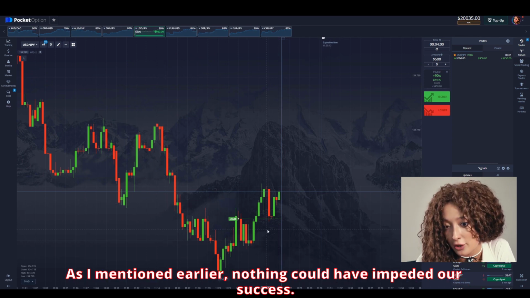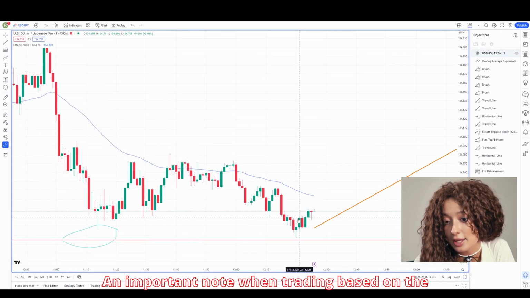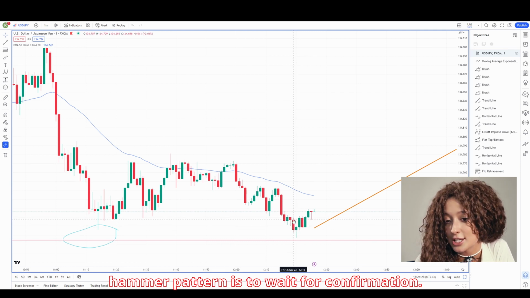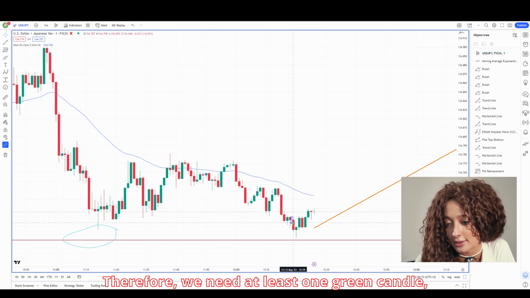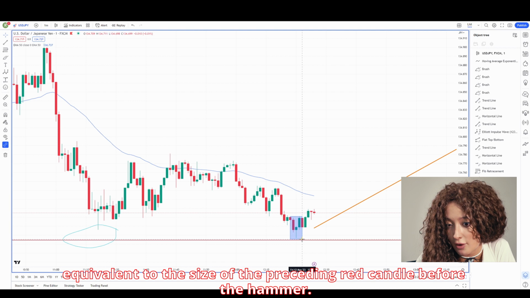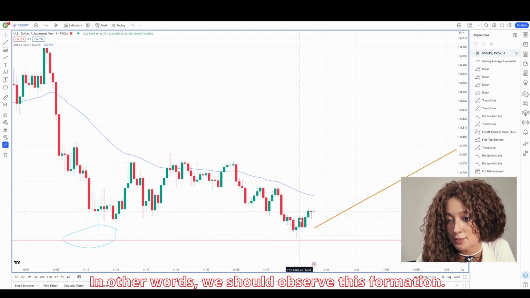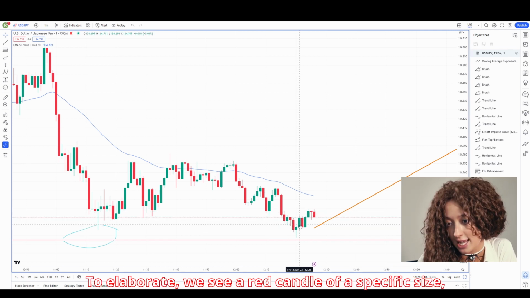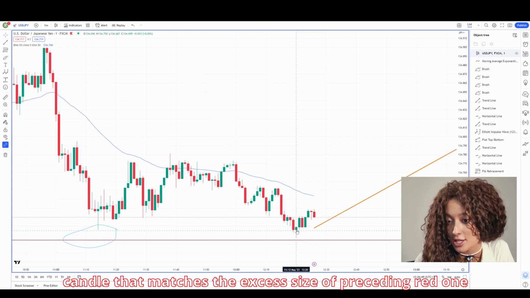As I noted earlier, nothing could have impeded our success. An important note when trading based on the hammer pattern is to wait for confirmation. Therefore, we need at least one green candle, equivalent to the size of the preceding red candle before the hammer. To elaborate, we see a red candle of a specific size, followed by a hammer, and then a green candle that matches the size of the preceding red one.